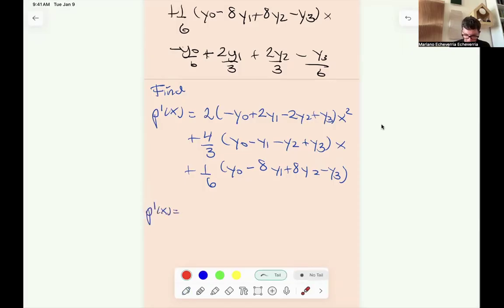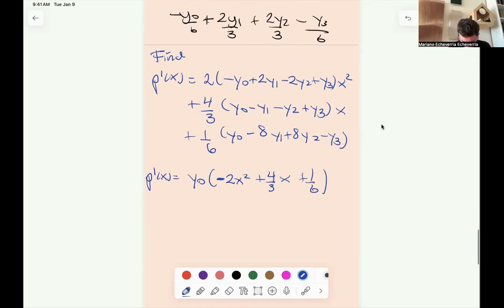I'll re-express it by grouping together the terms that have each of the parameters. So what has the parameter y0? You could think of this as y0 times minus 2x squared plus 4 thirds x plus 1/6.